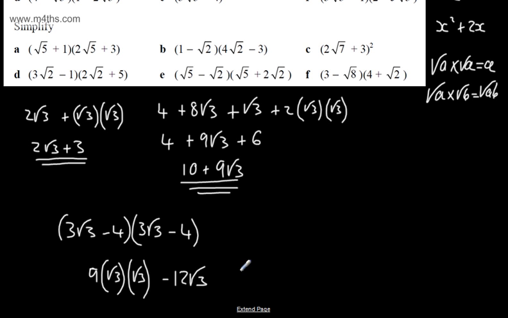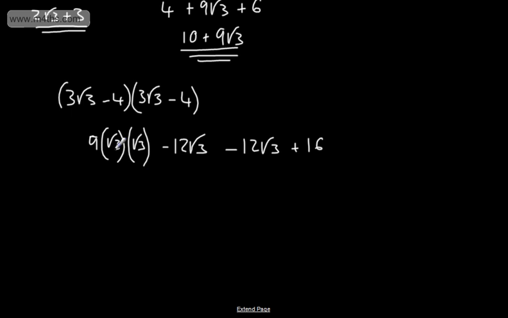I'm now going to do exactly the same here. 4 times 3 is 12, so we're going to have now minus another 12 root 3. And then finally, 4 times 4 is 16, both negatives, so that's going to be plus 16. So if I look at this now, root 3 times root 3 is going to give me 3. 9 times 3 is going to give me 27.